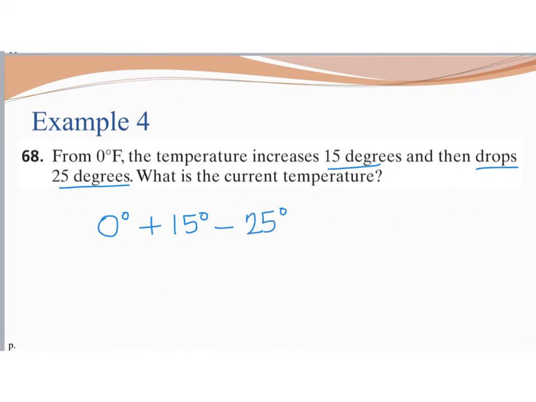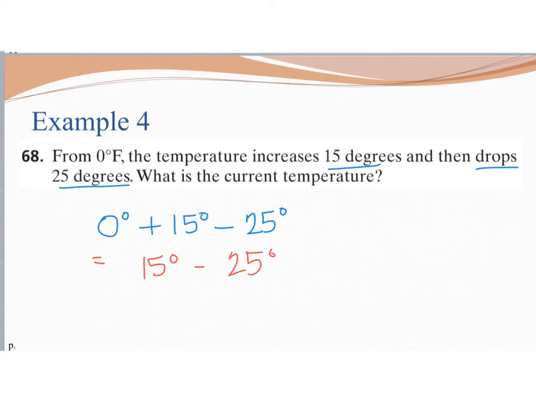So order of operations says I'm going to do my addition and subtraction from left to right. So in this case, I have 0 plus 15. So this is going to give me 15 degrees minus 25 degrees.